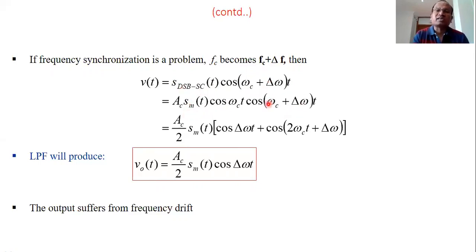We are rather generating cosine of (omega c plus del omega) t. So there is a change. When we multiply it, we will get two terms, cosine del omega t and cosine of (2 omega c plus del omega) t. When we pass through the low pass filter, this double frequency component will be rejected, and what we'll get again is Ac by 2 s(t) cosine of del omega t.